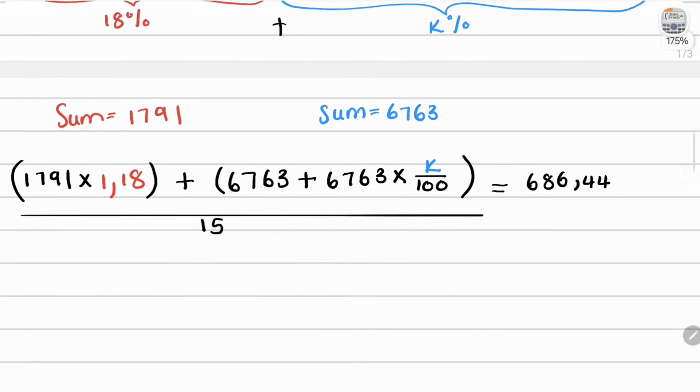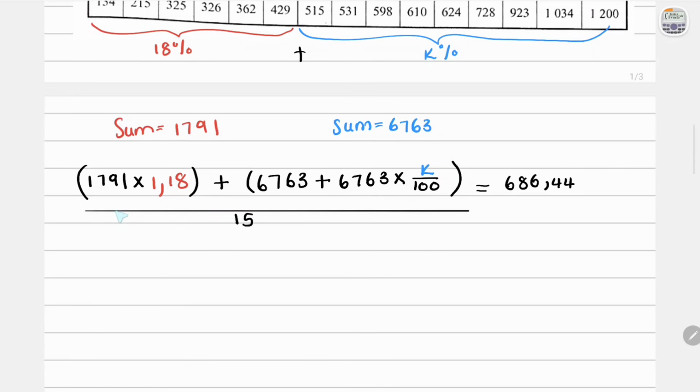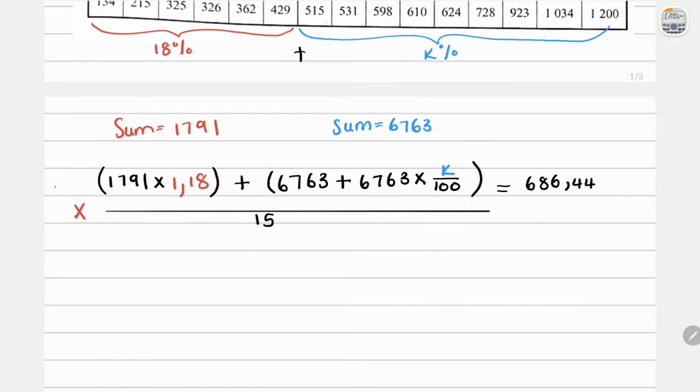Let's go ahead and start right away by getting rid of the 15 in the denominator. To do that, you would multiply both sides of your equation by 15. So we'll say times 15 here and times 15 here. This 15 will cancel that out, and all you're left with is everything in here.